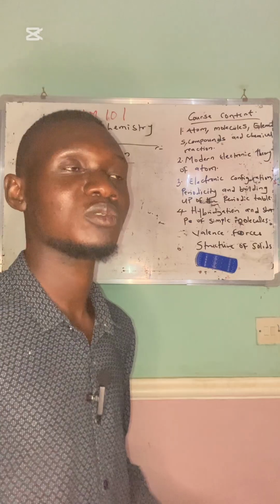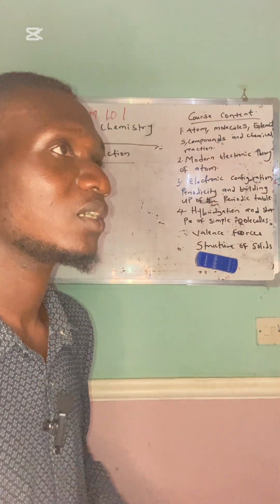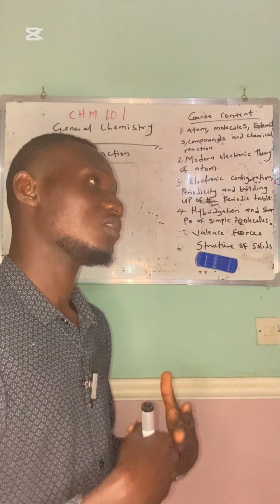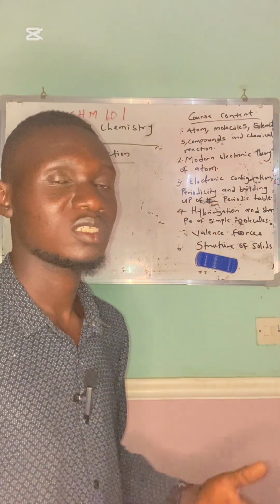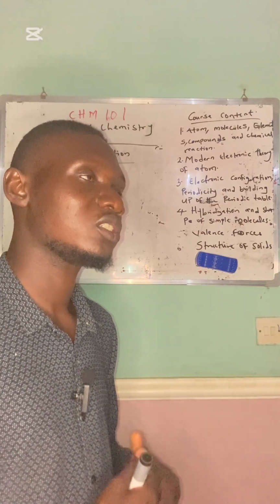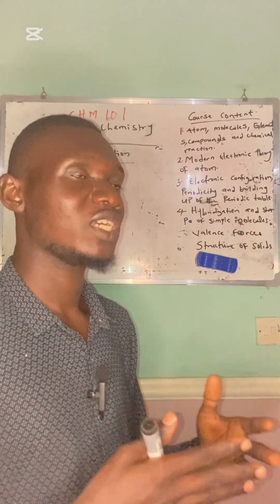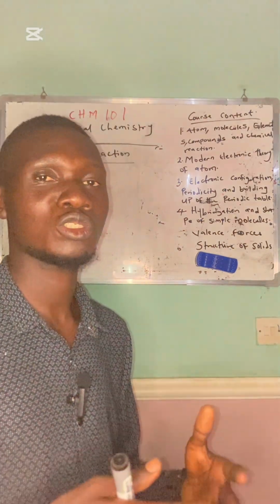What is a chemical reaction? We said a chemical reaction is a process of transformation that includes the transformation of reactants to products, that is, reactants to new substances.